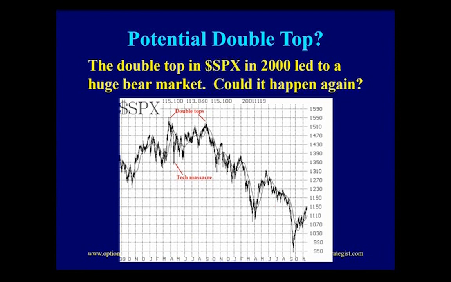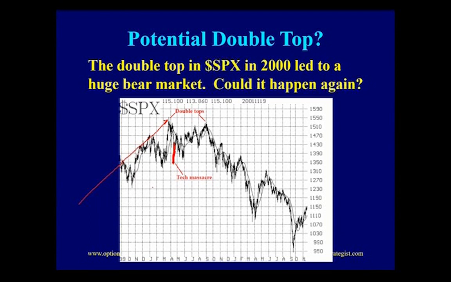In 2000, we had the culmination of this huge stock market rally, and then the tech bubble and everything else reaching extreme highs in March of 2000. And then after the market kind of struggled a little bit, there was a huge down day in the market, maybe even 2 days, where the tech stocks got massacred.